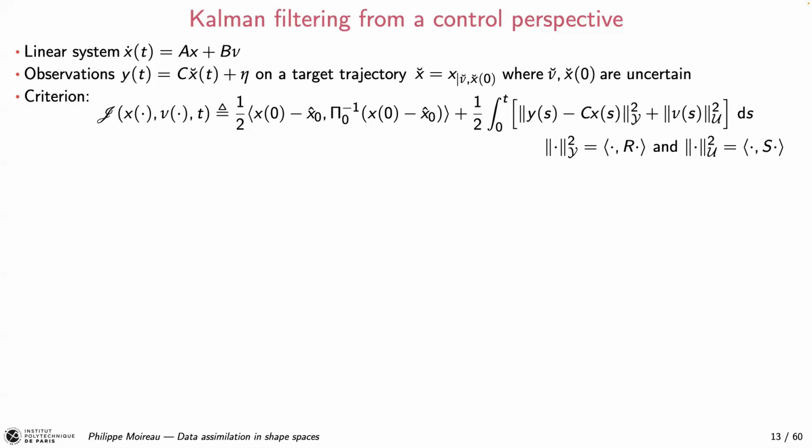The solution that you want to compute should be close to the observation, and the source here should be small, because you imagine that this should be a perturbation of the true system. If it's not a perturbation, then you get an a priori on that, and you scale the perturbation.